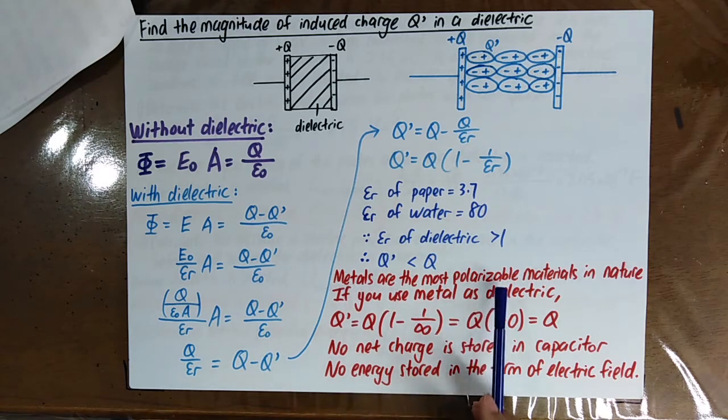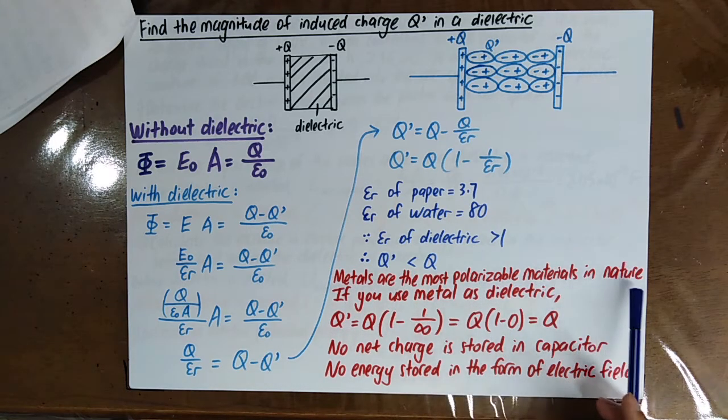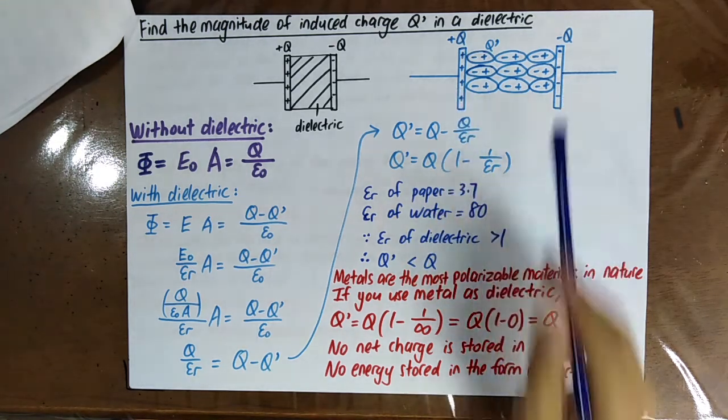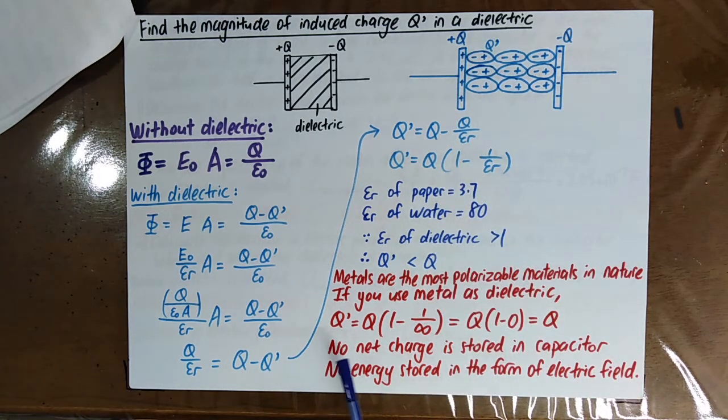Metals are the most polarizable materials in nature. So if you use metal as dielectric, then by using this formula, you know that the amount of the induced charge is exactly equal to the charge of either plate. So now there is no net charge because Q minus Q prime is equal to 0.